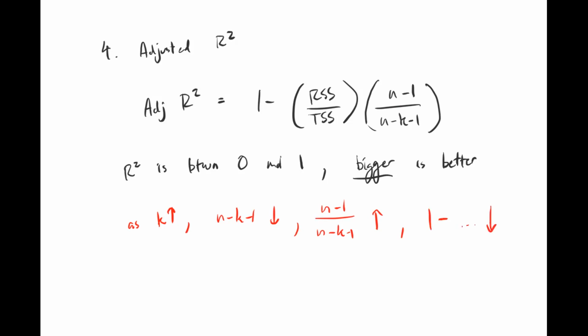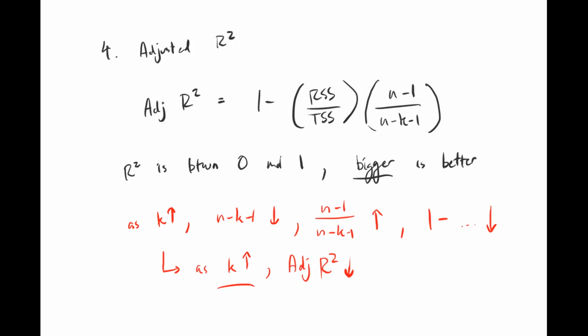So in other words, as k increases, your adjusted R squared decreases. So now it is equivalent to, well, not equivalent, but it's the same principle as R squared, but now you have a penalty term for having essentially too many variables.